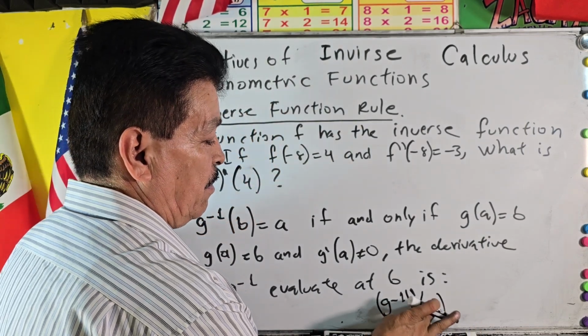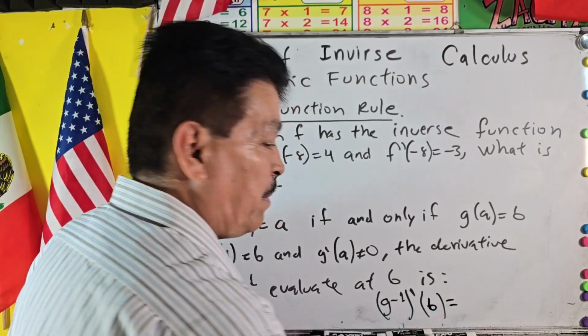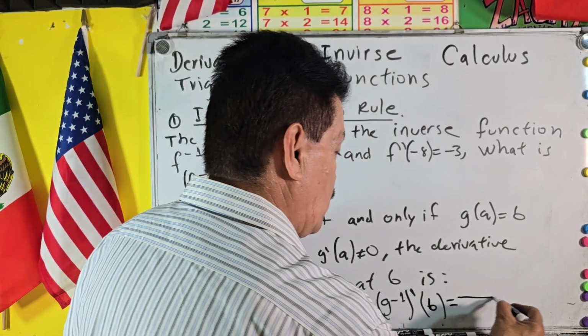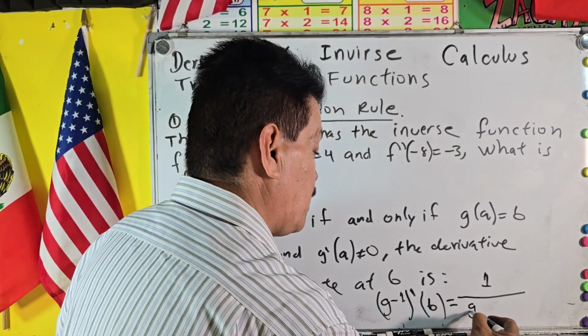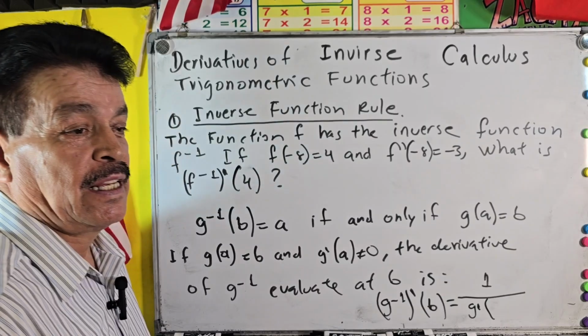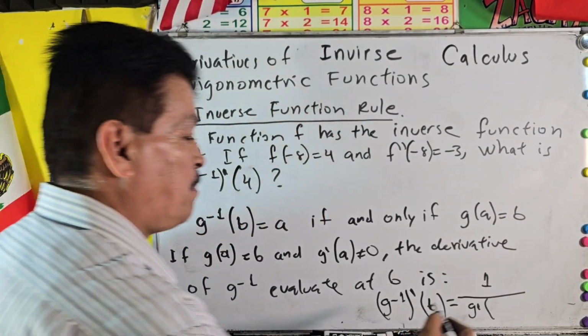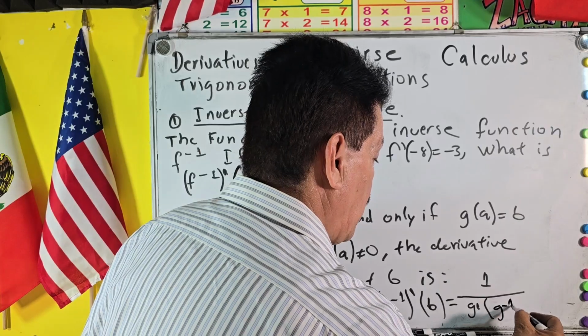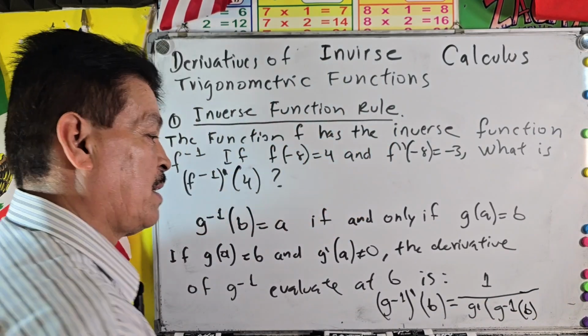Now, not the variables right now. Just write it right here: g to the -1 prime of b equals 1 over g prime of g to the -1 of b.